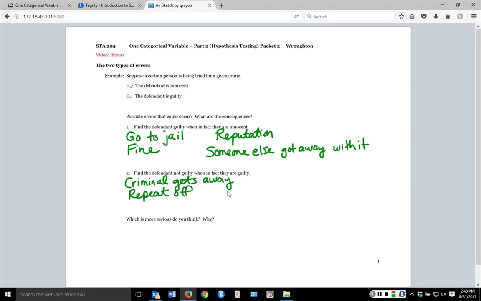And again, depending upon how bad the crime is, this could be worse than in other situations. And someone else may take the fall. If they don't find you guilty, they might end up finding someone else guilty. So again, all of these things are bad.